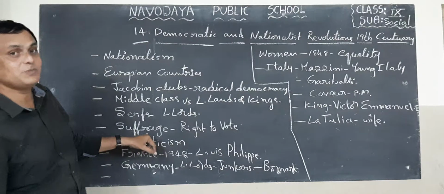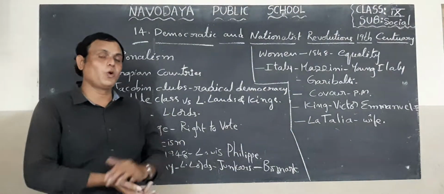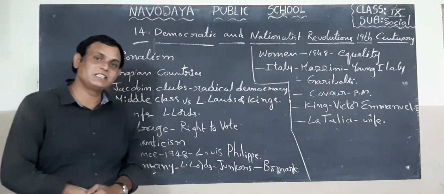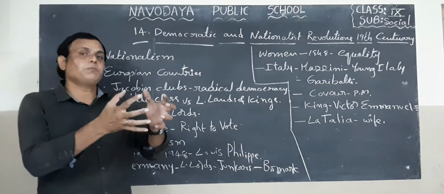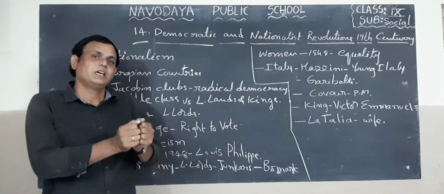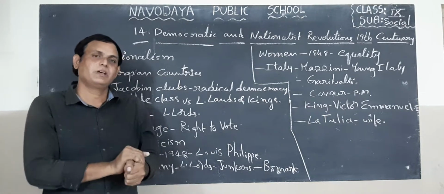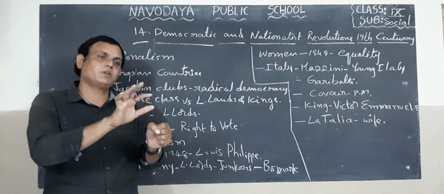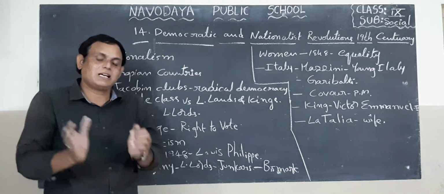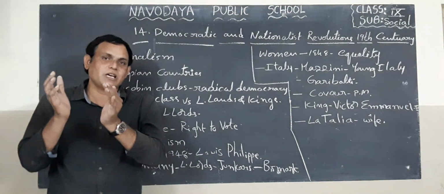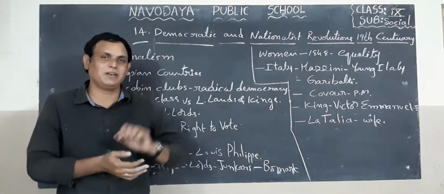Suffrage. Suffrage means the right to vote. Actually, in the monarchy system, the king possesses all powers. He will rule the entire country or kingdom. He did not give any power to the common people. The common people didn't have any right to choose the king.